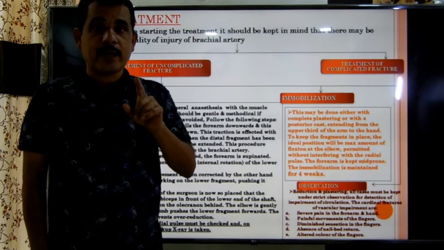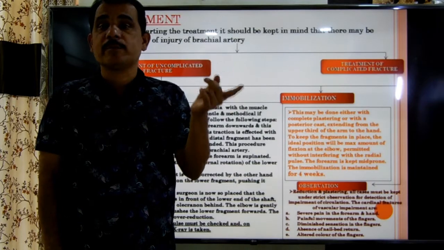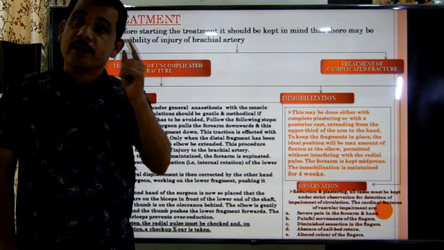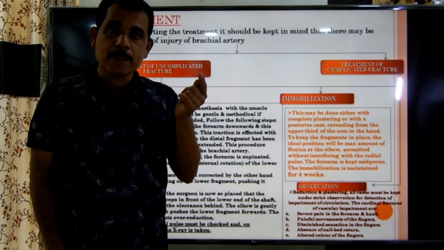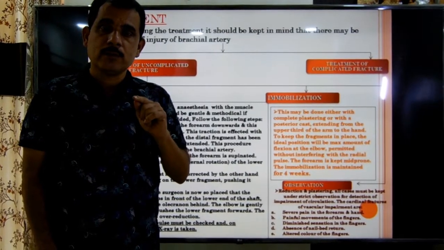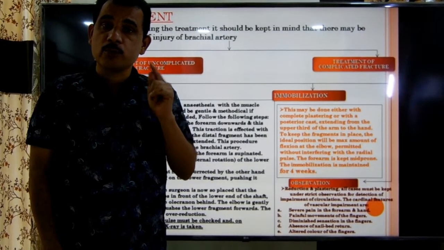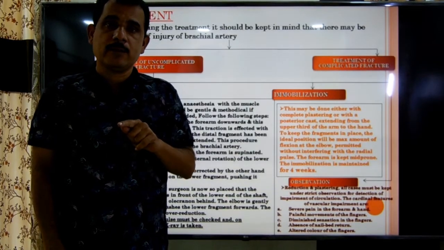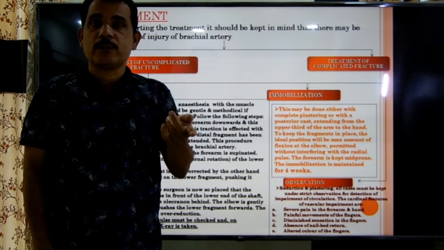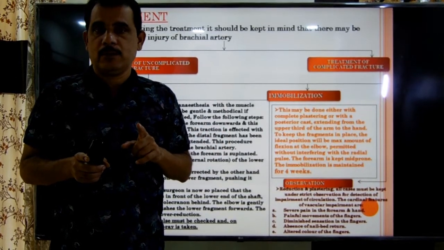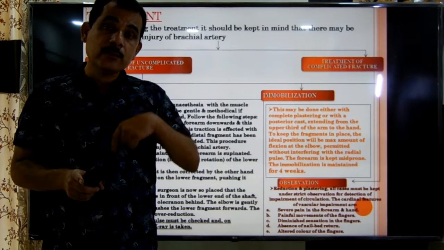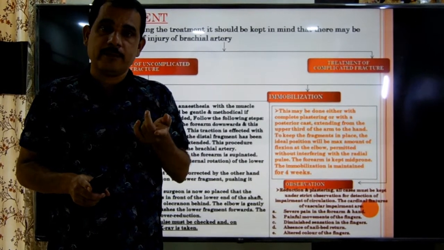It may occur at the time of the fracture, or sometimes during reduction of the fracture. First of all, we have to rule out injury to the brachial artery, and if there is one, the artery should be occluded and repaired first. Then proceed for further treatment.